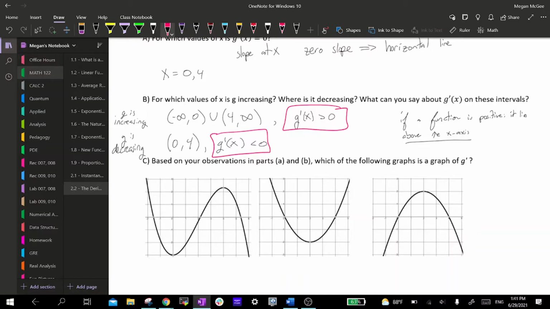So our middle graph here, we have this from 0 to 4, and it's above the x-axis from negative infinity to 0 and from 4 to positive infinity.